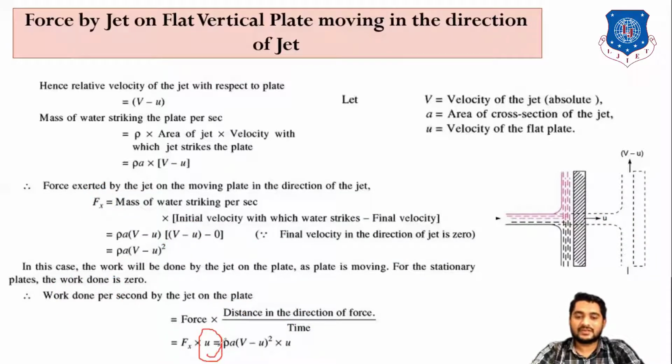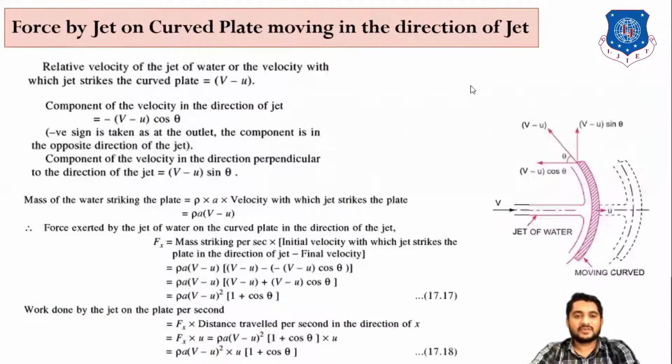Why have we taken the velocity of the blade? Because the blade is moving, so obviously work done is for the blade. Work done per second is also called power. Power is equal to force into velocity. Clear? So let us put the value of force here: rho a (V minus u) squared into u.